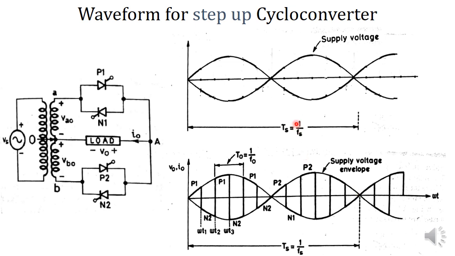That means if the supply frequency is Fs, the output voltage frequency will be 6 times the source voltage frequency, 6 times Fs. That is the output frequency, or F0 is equal to 6 times Fs.